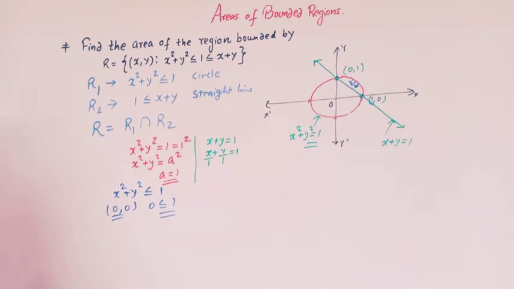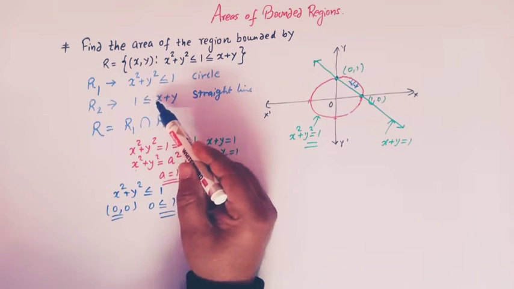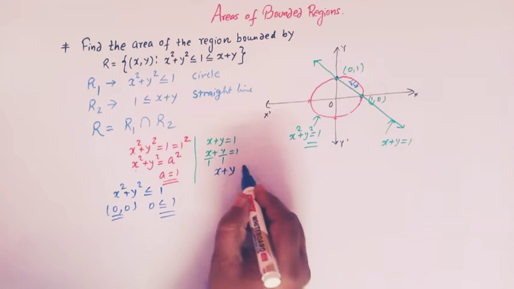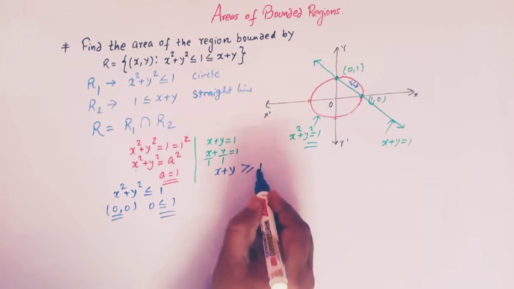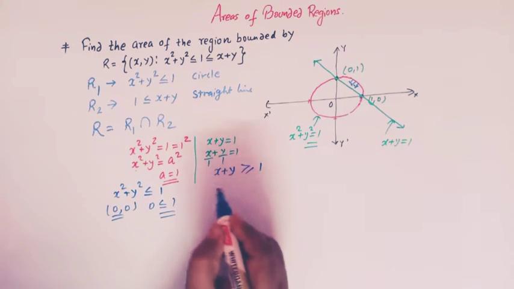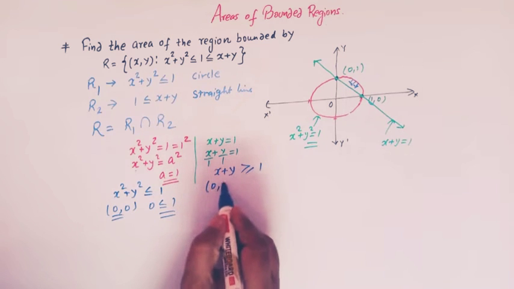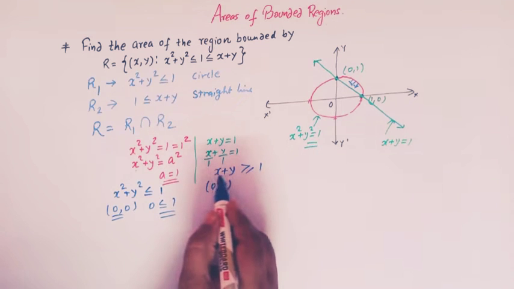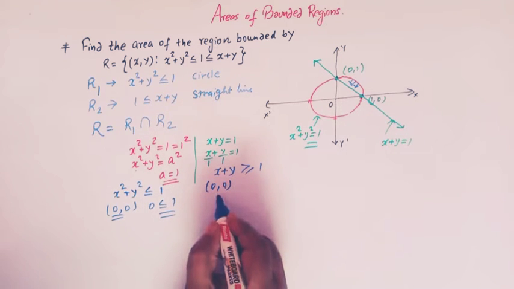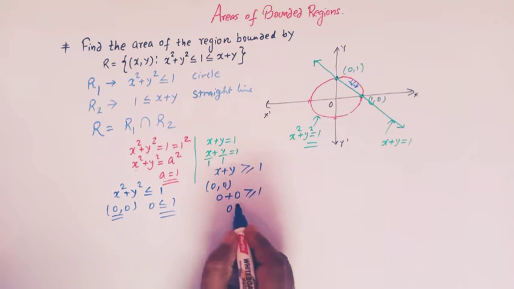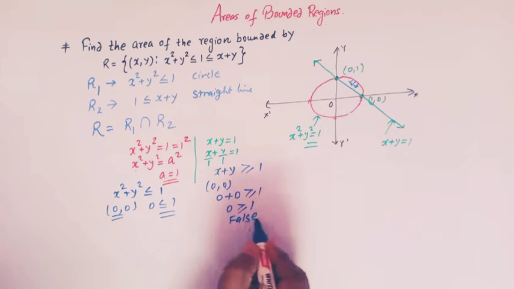Okay, now let us come to the second inequality, which is x plus y greater than or equal to 1. Now if we test this inequality for the point 0 comma 0, we substitute 0 comma 0 and we see that we have 0 plus 0 greater than or equal to 1, that is 0 greater than or equal to 1, which is obviously false.